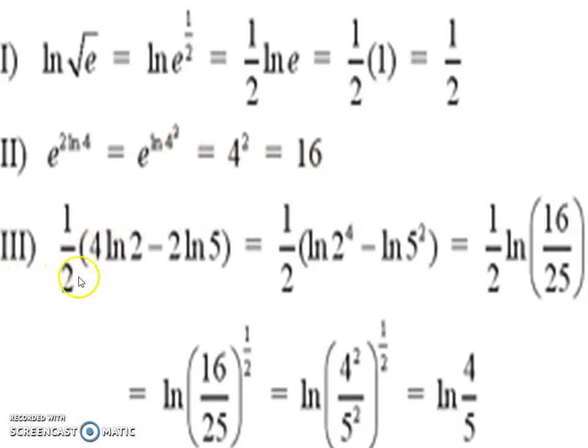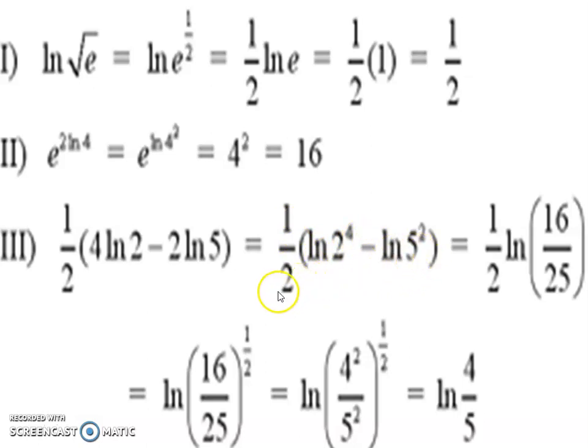Third example: 1 upon 2 in brackets 4 ln 2 minus 2 ln 5. We know that n ln m becomes ln m raised to n. So 4 goes to the index of 2 and 2 goes to the index of 5. We simplify to 1 upon 2 times ln 2 raised to 4 minus ln 5 raised to 2.